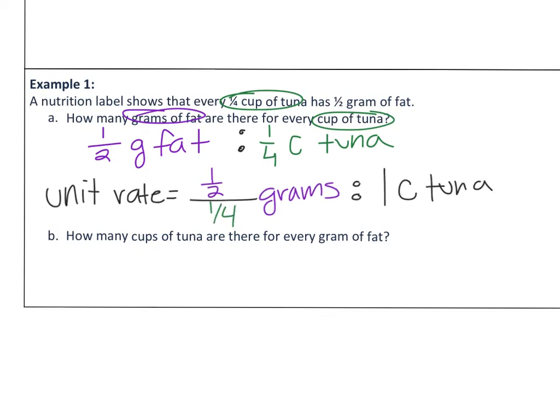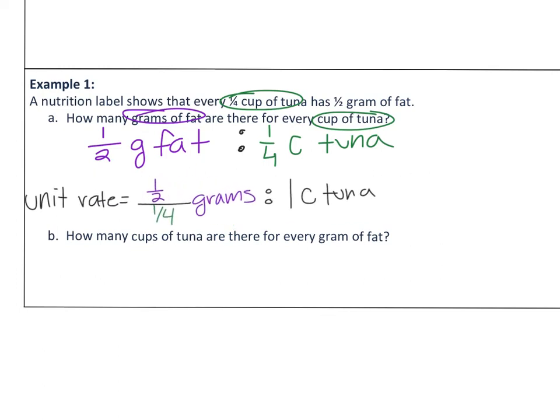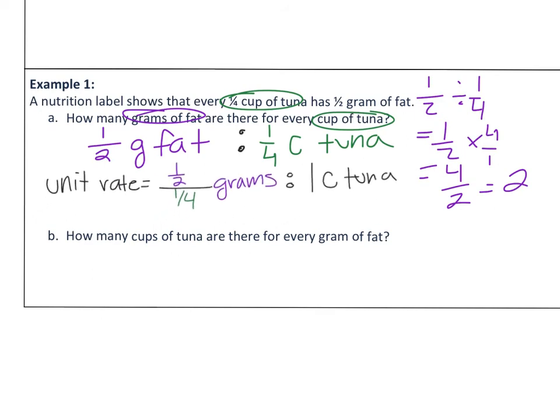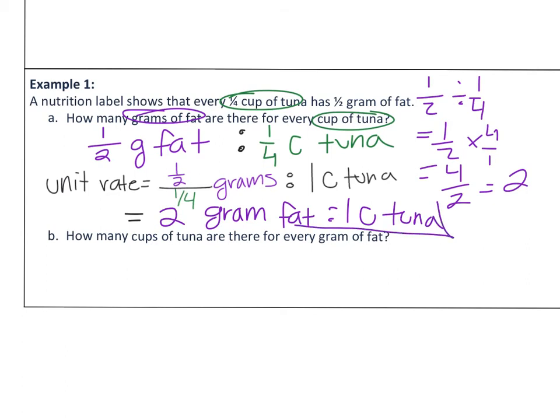I'm gonna make this smaller, so try to squeeze it in. Okay. Then on the side, I'm gonna simplify that. So 1/2 divided by 1/4 turns into 1/2 times 4/1 equals 4/2. 4 divided by 2 is 2. So this is 2 grams of fat for every 1 cup of tuna. So that would be your unit rate.